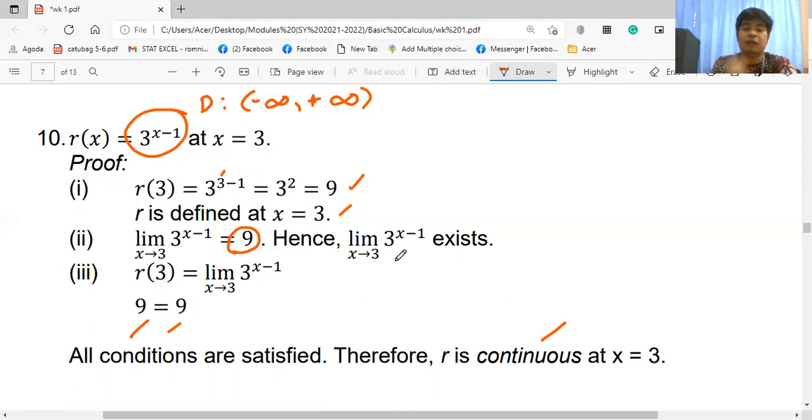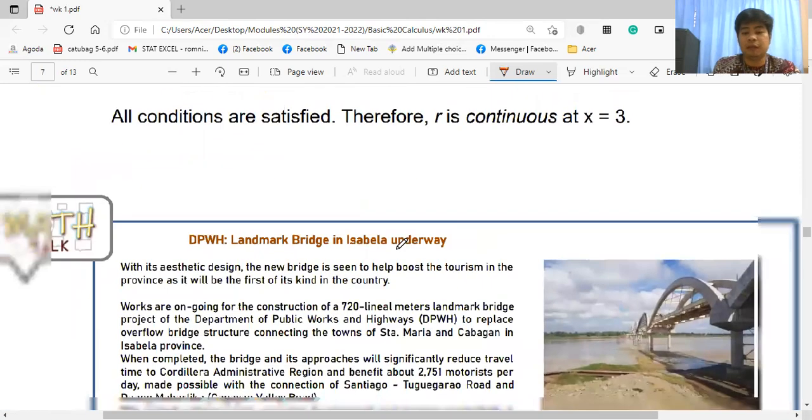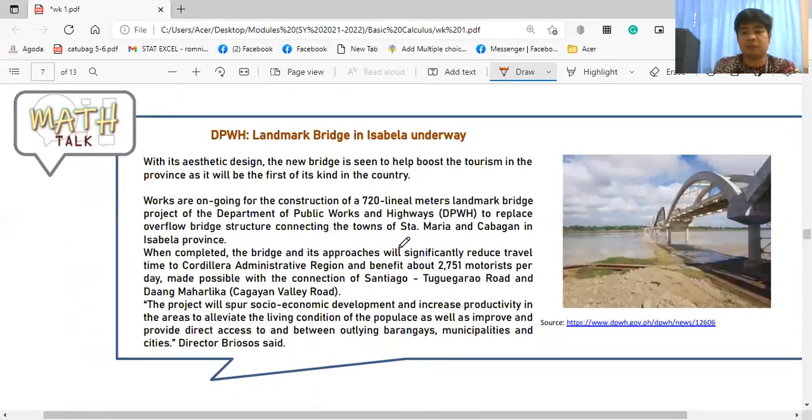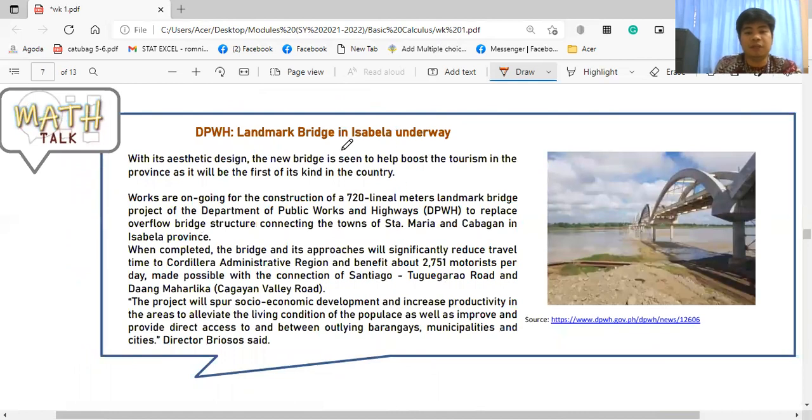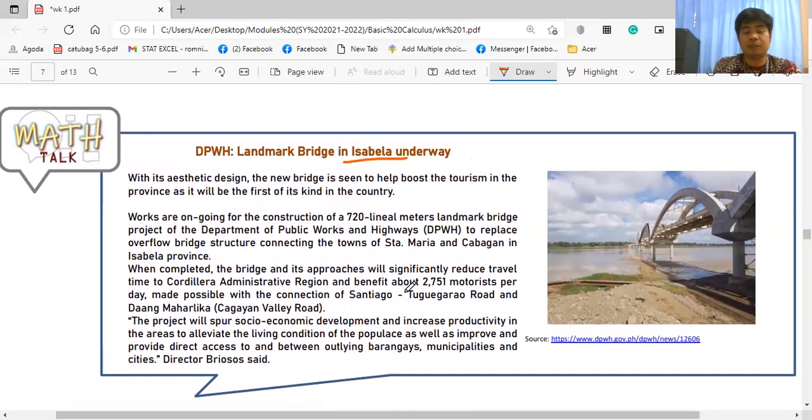And yeah, this is an example of continuity, the bridge that you can see at Cabagan and Santa Maria, wherein the bridge now connects the gap between the two municipalities. Okay, and that's about continuity.